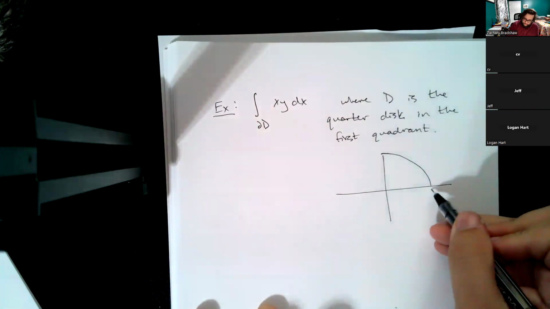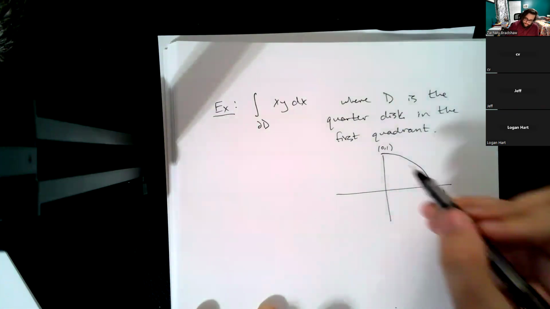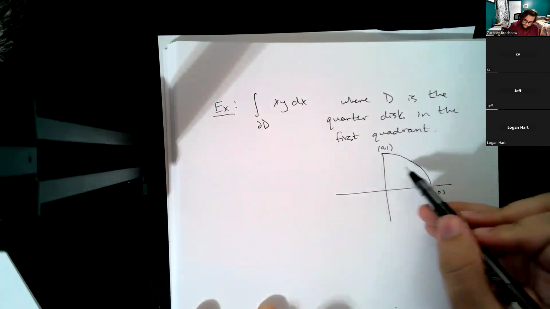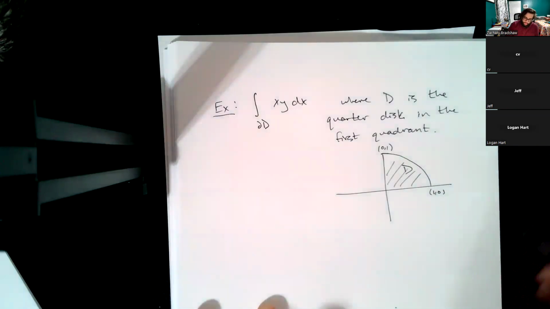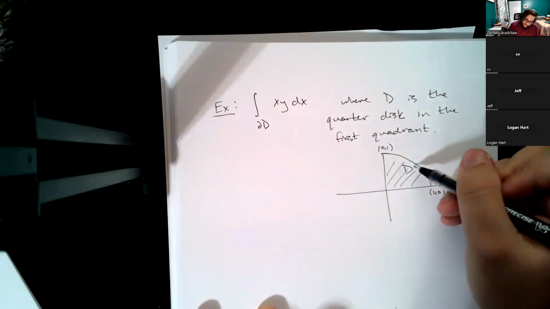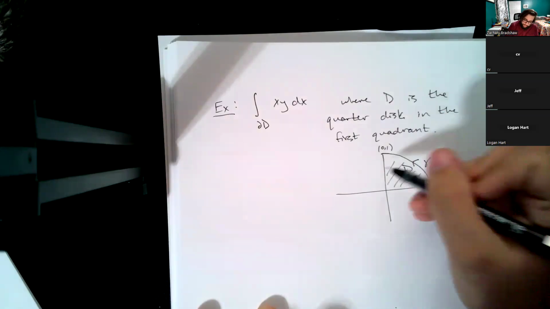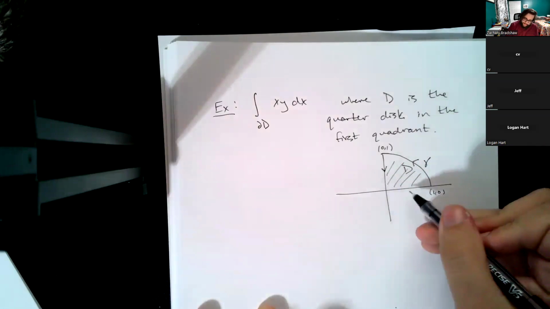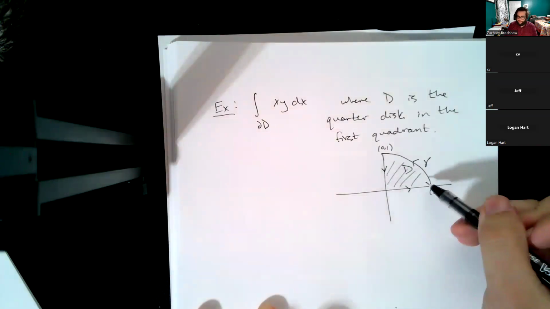Here's my quarter circle. There's my (1, 0), (0, 1). And then here is D. Well, then the boundary of D is, yes, this curve that we called gamma before, but it's also this guy, and this guy. So it's the union of all three of these curves.